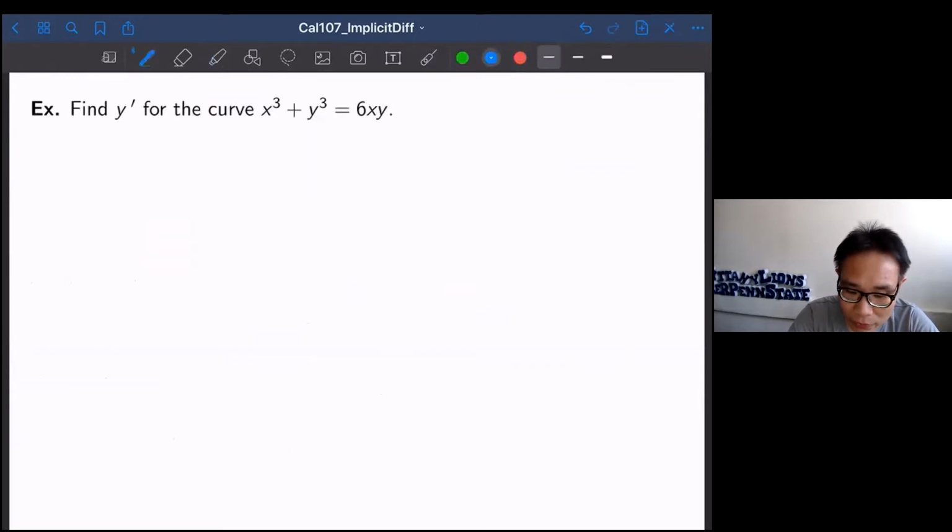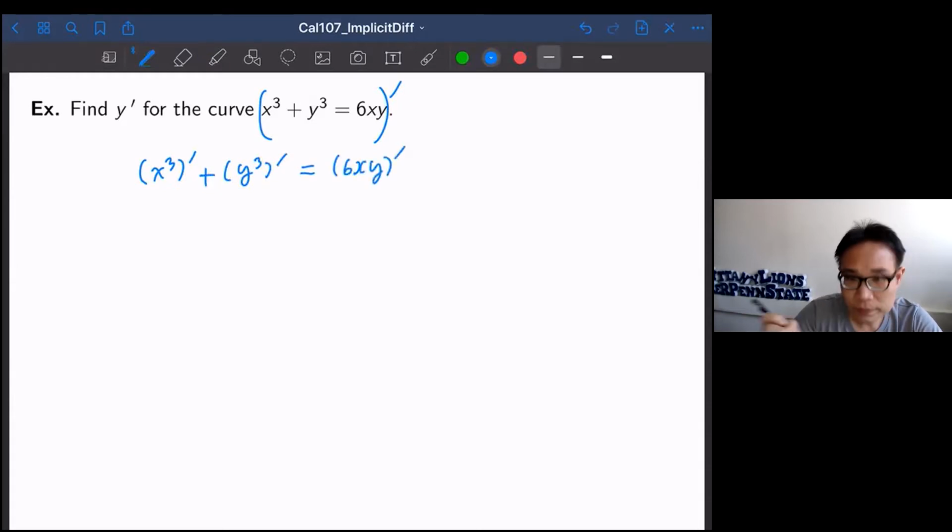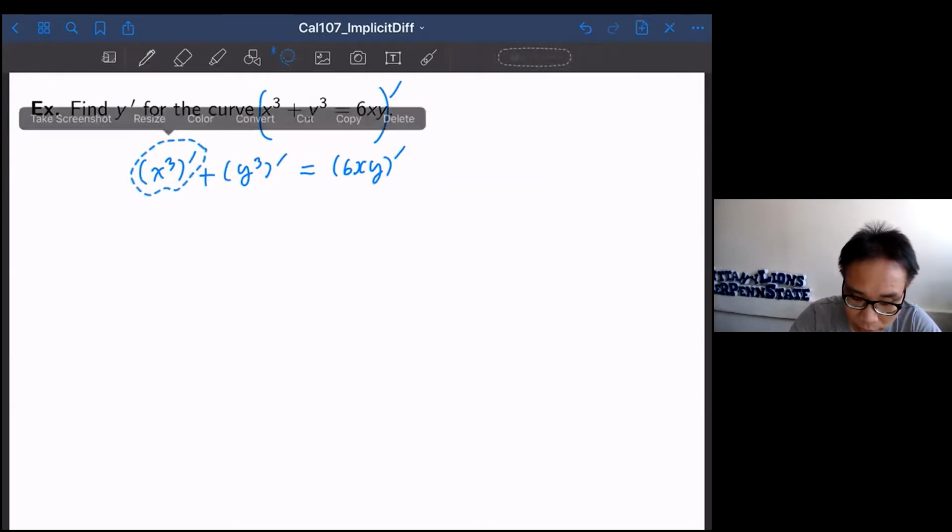So you're going to differentiate x cubed, plus you're going to differentiate y cubed, and you're going to differentiate 6xy. I'm just going to change the color a little bit. For this one, I'm going to use my green color.